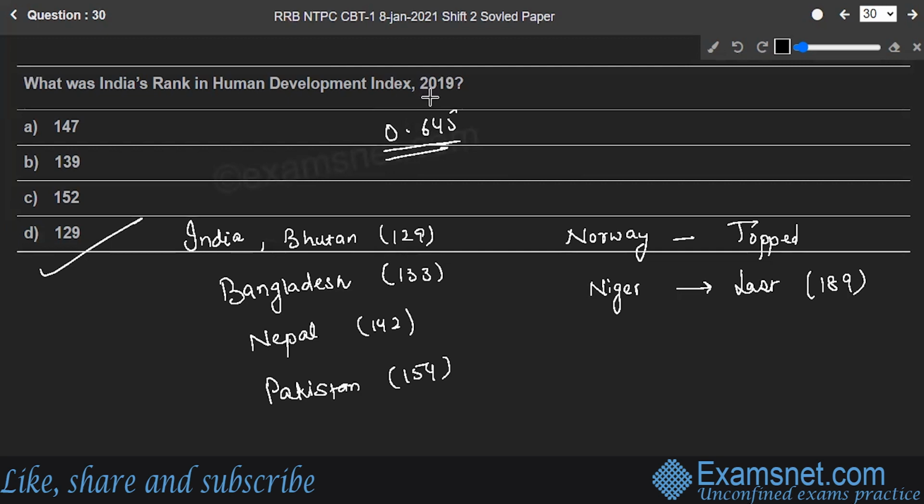In the year 2020, India stands at 131. The life expectancy of Indians at birth in 2019 was 69.7 years, while Bangladesh has a life expectancy of 72.6 years, Pakistan 67.3 years. Option D, 129 is the correct answer for this question.